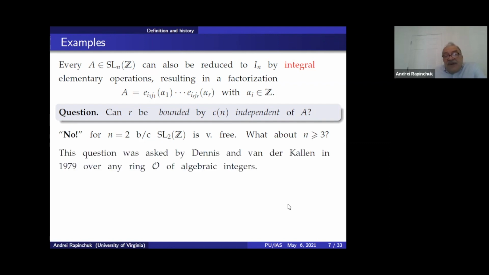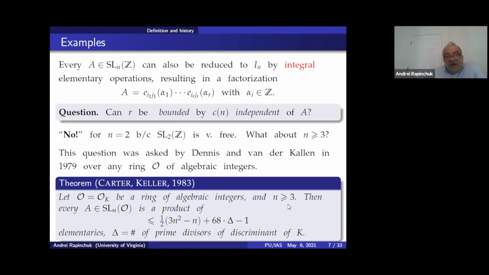This question was asked by Dennis and van der Kallen in 1979 over any ring of algebraic integers. And soon after it was asked, it was actually answered in the affirmative by the following theorem of my former colleagues at Virginia, Carter and Kallen, in 1983. So let O be a ring of algebraic integers. They also have this result for S-integers, but with a slightly weaker bound.